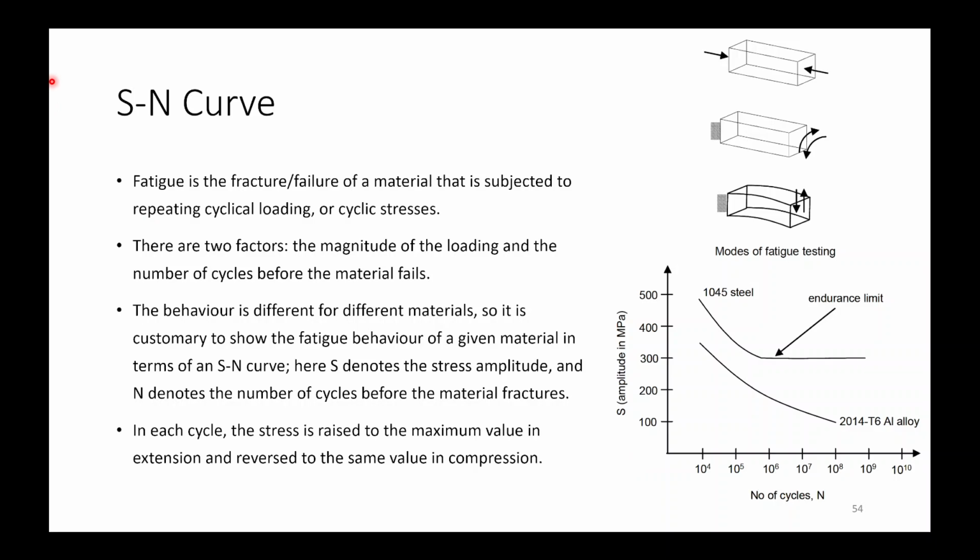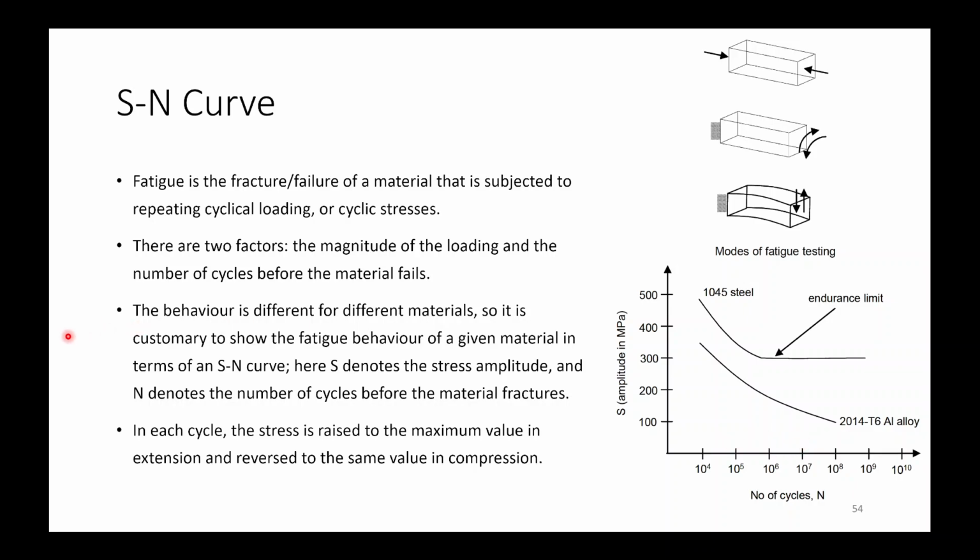Now SN curves. Fatigue is the fracture failure of a material that is subjected to repeating cyclic loading or cyclic stresses. There are two factors. First is the magnitude of loading, which will be S amplitude on the y-axis, and the other is the number of cycles before the material fails, which is on the x-axis.